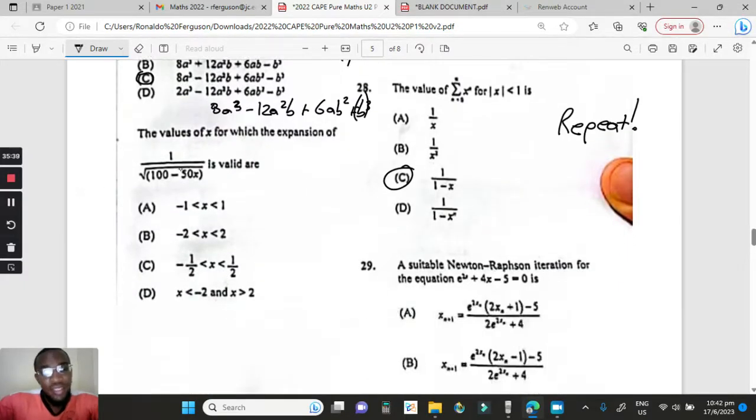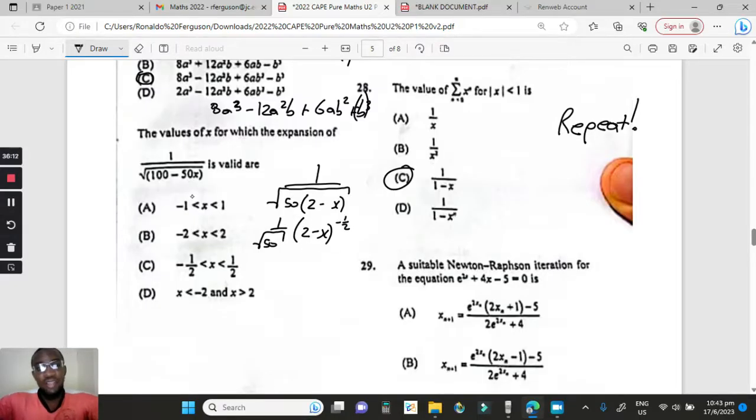Alright, so where's this expansion valid? If we factor out 50, that's the square root of 50 in bracket 2 minus x. So this is 1 over square root 50 times 2 minus x raised to the half power. When you bring it up to the numerator, it's minus half. And remember, this is only valid when it's in the form 1 plus x to the n.